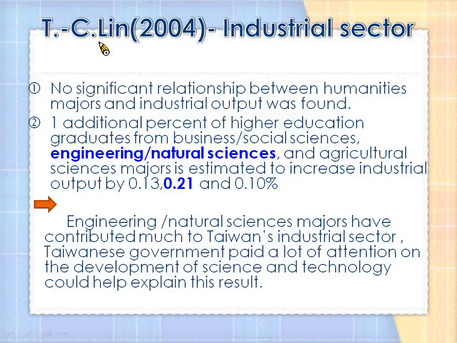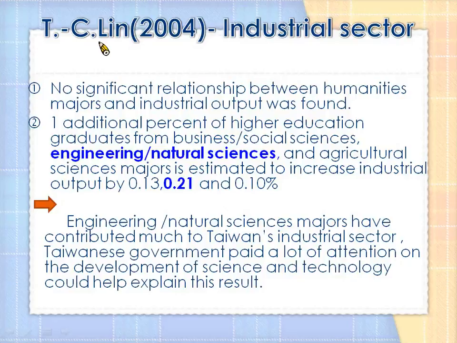Engineering and natural science majors have contributed much to Taiwan's industrial sector. The Taiwanese government paid a lot of attention to the development of science and technology, which could help explain its results. So the Taiwanese government put most of the resources into emphasizing engineering and natural science education.